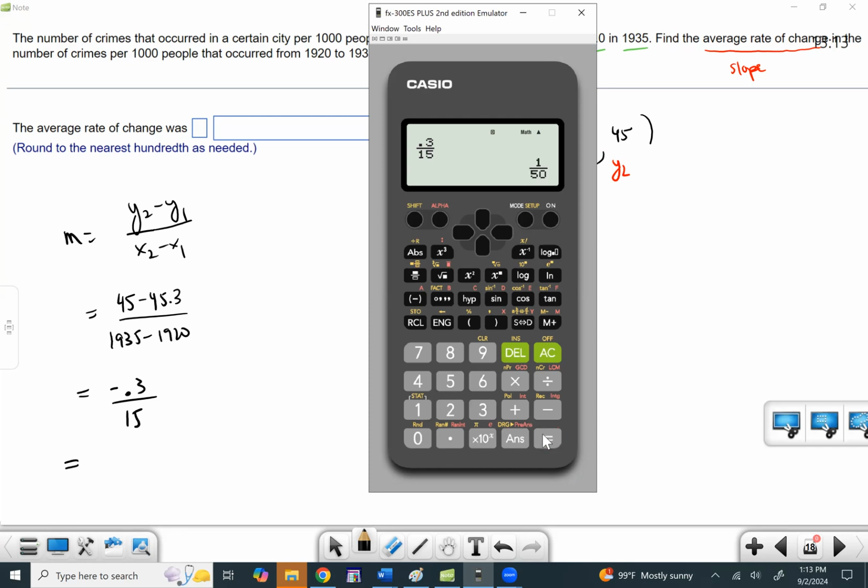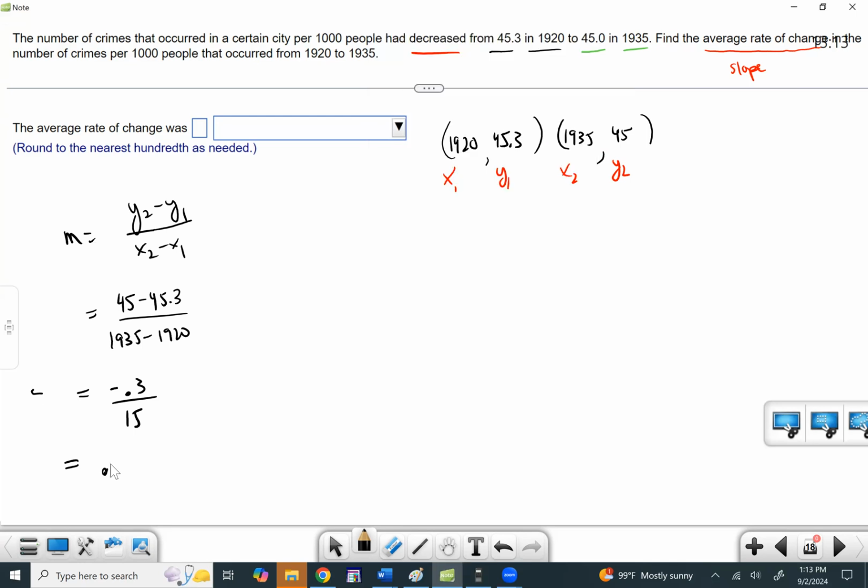And by the way, it's negative. Okay. 0.02, negative, right? Okay. So I'm turning it into this decimal because we don't want the decimal fraction combo and the direction said round to the nearest hundredth. So that's a clue that they want us to go with decimals on this, okay?